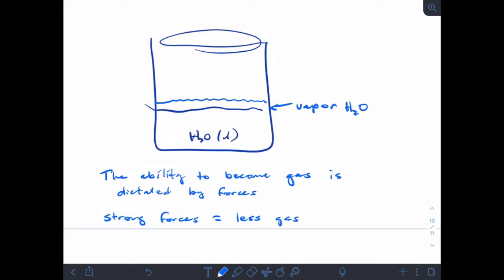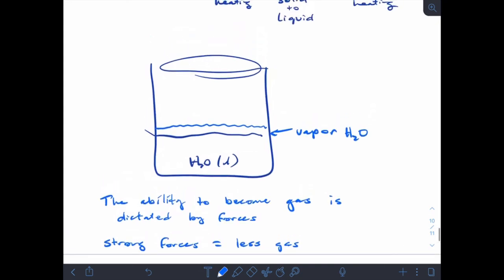So when we talk about vapor pressure, I'm trying to stay in a sort of linear conversation here. So vapor pressure is the force of the atmosphere pushing down on that vapor. Okay, so it's quite literally the weight of the vapor on top of the surface of the liquid.